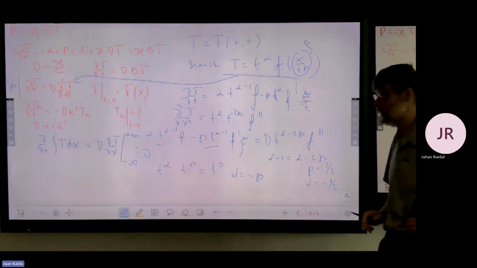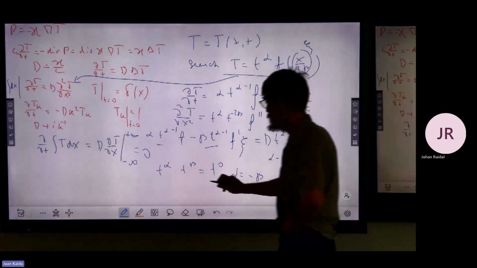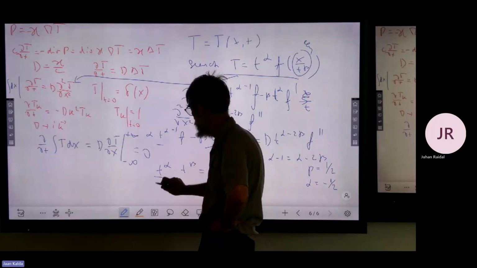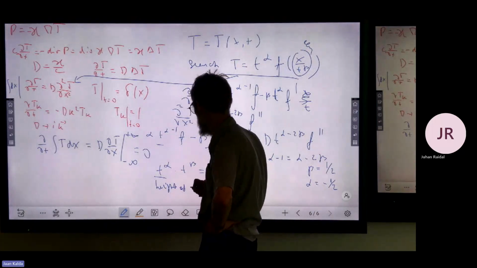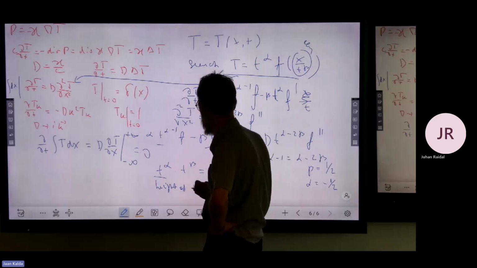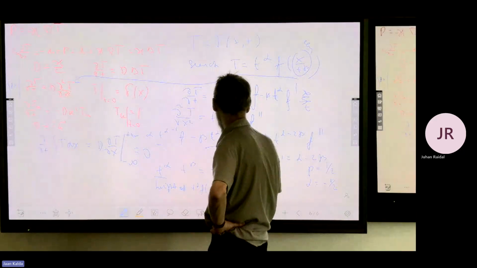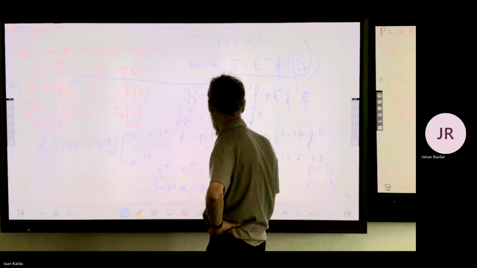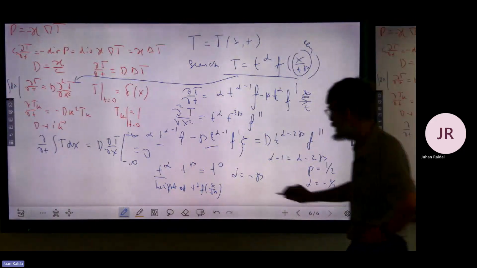This is height, t to alpha times f of x divided by t to beta. Right? And that is the width.